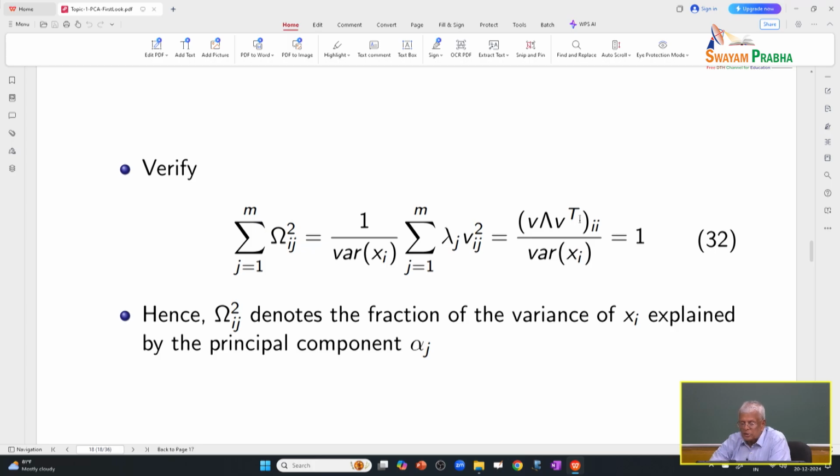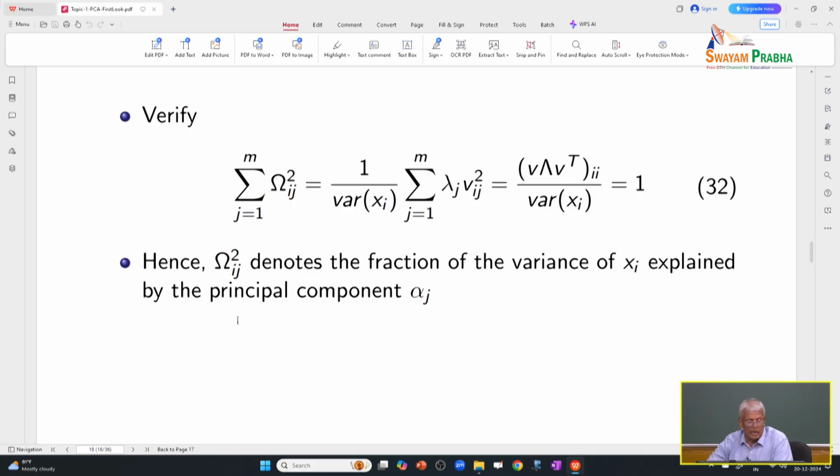V lambda V transpose is sigma, variance of Xi is also sigma ii, so that is equal to 1. Therefore, rho ij square adds up to 1. That means rho ij square denotes the fraction of the variance of Xi explained by the principal component alpha j.